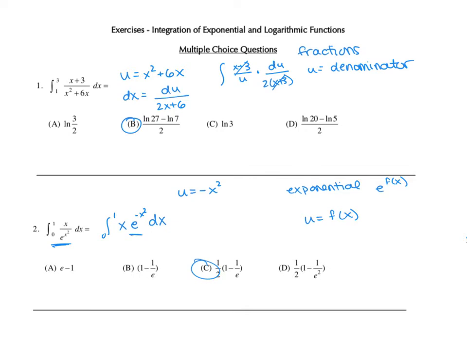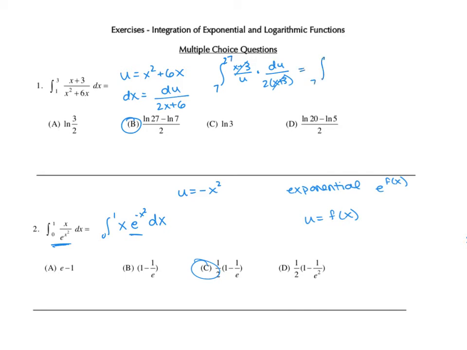We do need to remember to rewrite the a and the b. So if I plug 1 into x squared plus 6x, I get 7. And if I plug 3 into x squared plus 6x, I get 27.